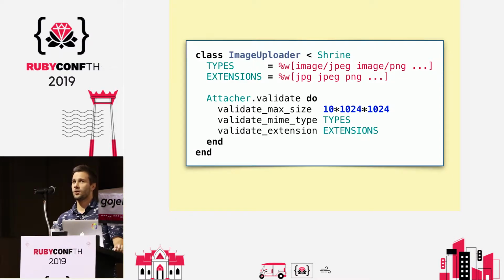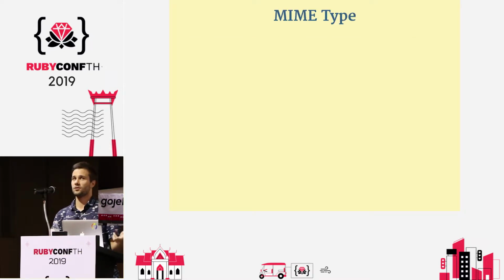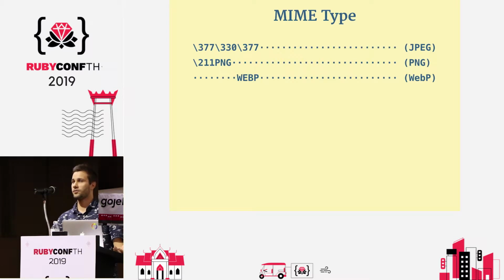Shrine provides you common validators for common metadata, such as file size, MIME type, and file extension. Notice that we are validating both the MIME type and the file extension. This is because those two don't necessarily have to match. It's actually a very good and secure practice to determine the MIME type from the file content.